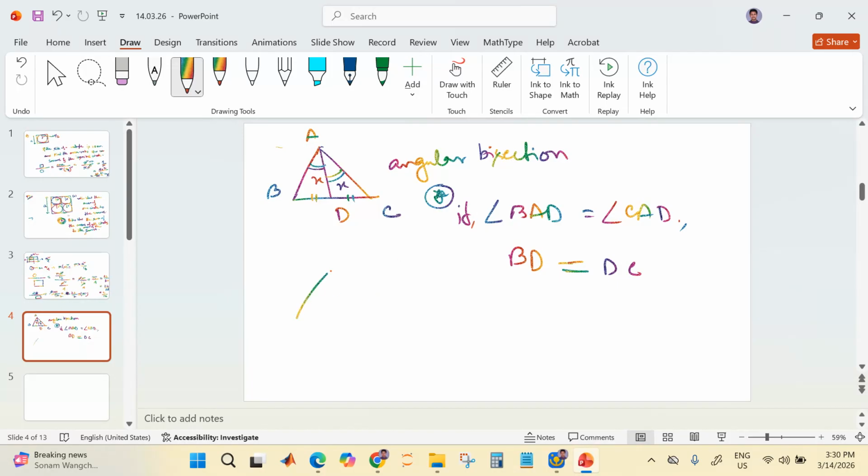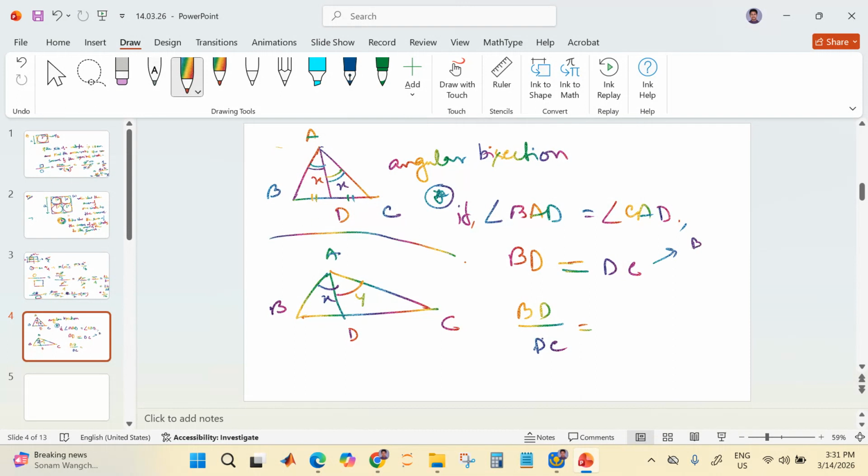And if it is not equal, suppose this is an angle X and this is Y, they are not equal. Then in the same triangle ABC and D, BD by DC, initially what was it?